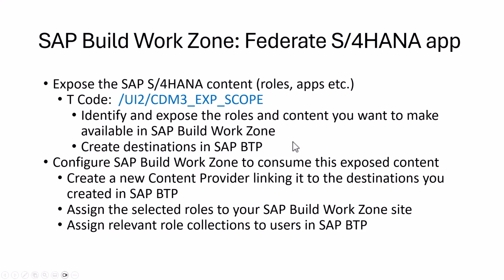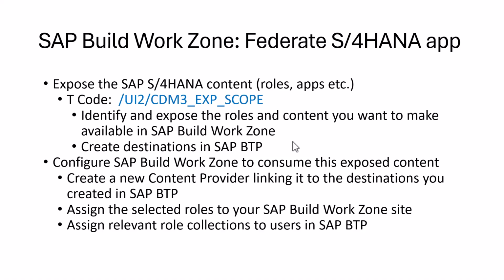Now, in SAP BTP, in addition to apps that you deploy in SAP BTP, like a CAP application, you can also, with the help of SAP Build Workzone, federate apps from other sources. One of the most commonly used cases is where the customer also has SAP S/4HANA in their landscape, and they want to federate the SAP S/4HANA apps into SAP BTP.